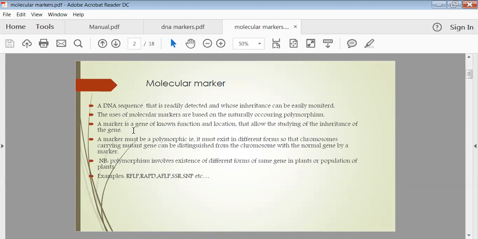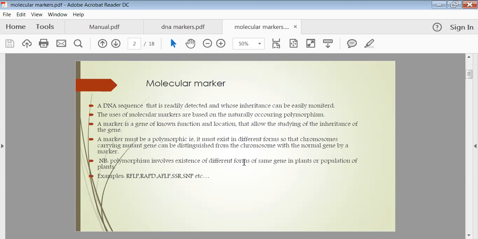So a marker is always a known sequence, maybe a gene or maybe not a gene. Not all markers are genes. Actually, it helps to study the inheritance pattern of a particular gene from generation to generation.